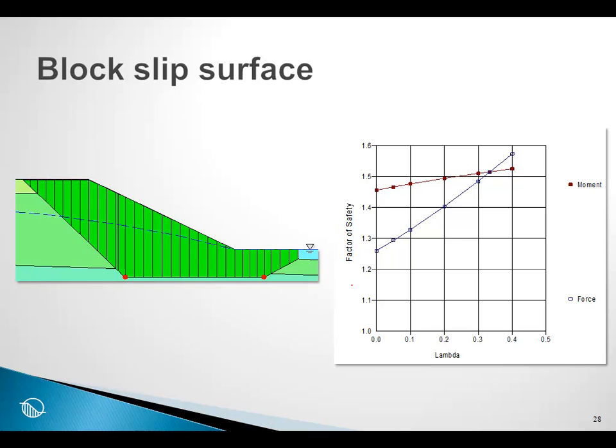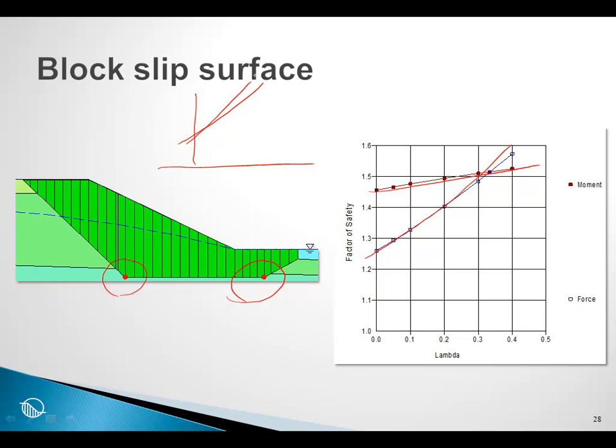Now we move into a block type of slip surface, and what happens with block type slip surfaces is that we often have quite sharp corners, and this can have quite an effect on the results, in that both force and moment now become sensitive to interslice shear. It is possible in a case like this that both moment and force become very close to each other, and sometimes we get, fortuitously, the wrong crossover point and get erroneous factors of safety.